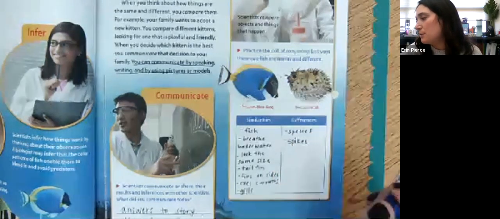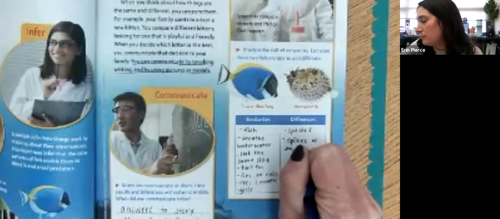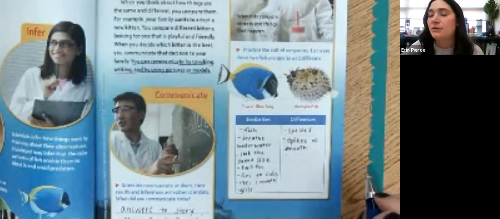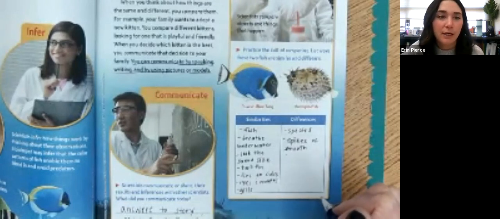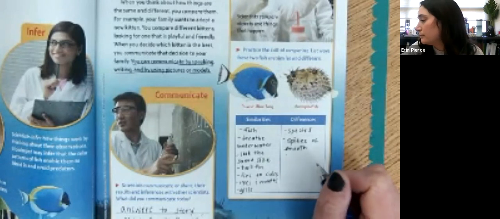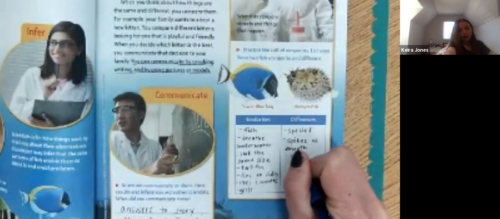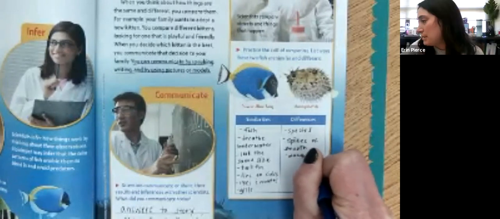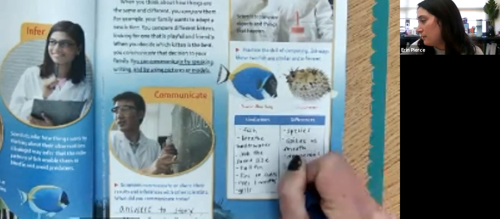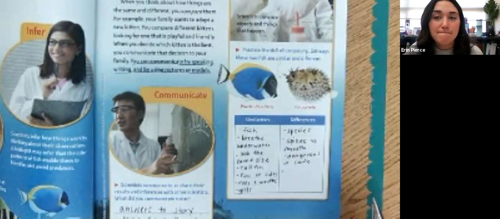The other one looks pretty smooth. So I'm just going to put spikes versus smooth. What else? Kira. One can be dangerous and the other can't. So dangerous versus safe. What else? Charlotte?